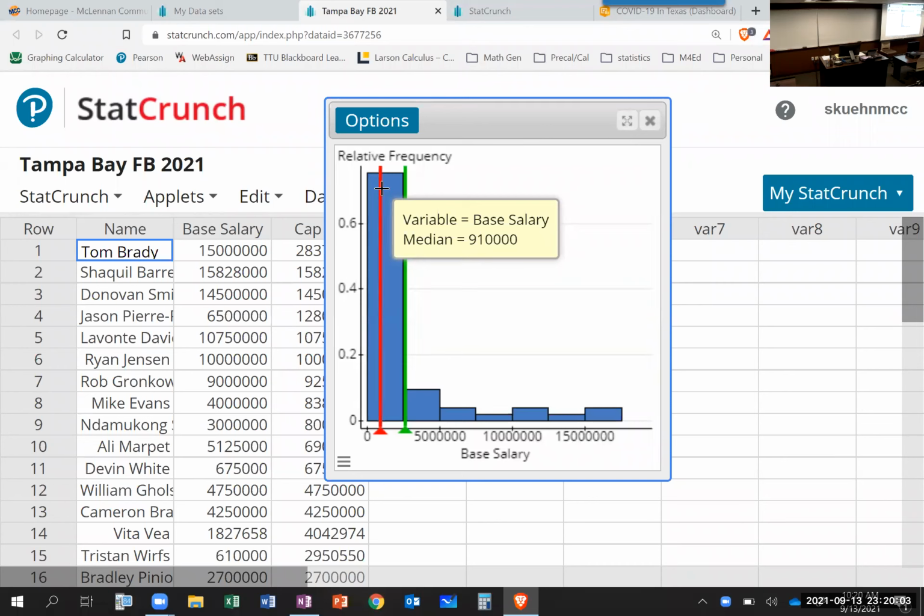You can also see that when we're looking at histograms and our mean and our median don't line up, right? Where is the mean falling? The mean, that represents that green line, is closer to the tail than the median is, correct? What shape did we say that this was?